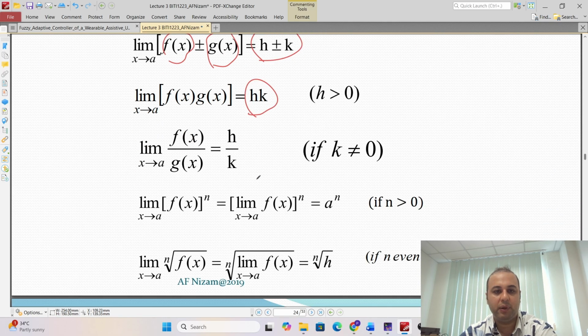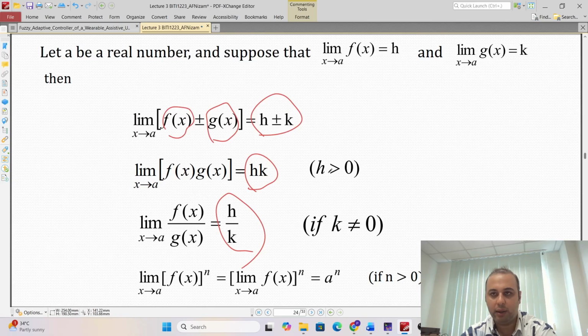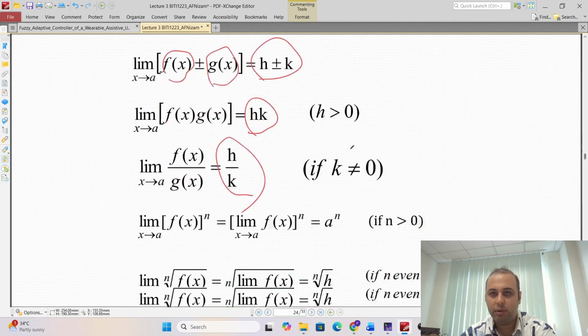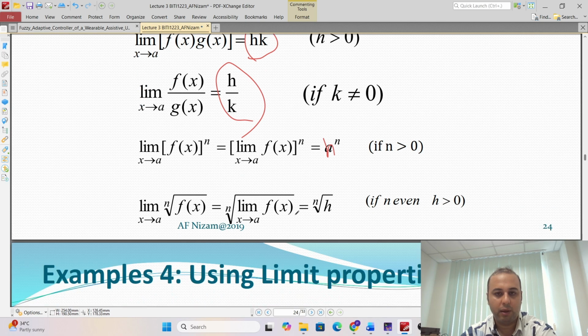We can multiply, we can take the fraction, and I think here it should be not a, here it should be h power n. And you can find the limit of the functions and apply the operation.